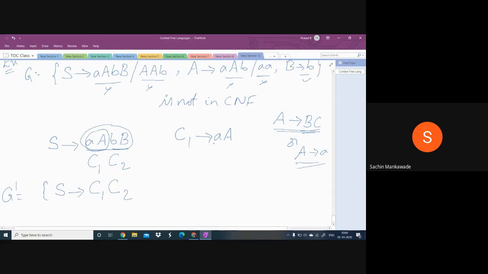Here C1 is AA. Is this production in this form or in that form? No, because on the right side you have two symbols, and if there are two symbols they must both be non-terminals, whereas this is a terminal and this is a non-terminal.